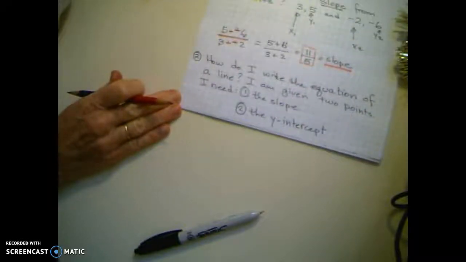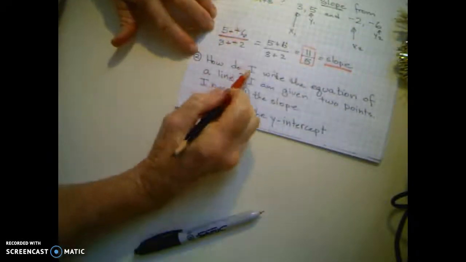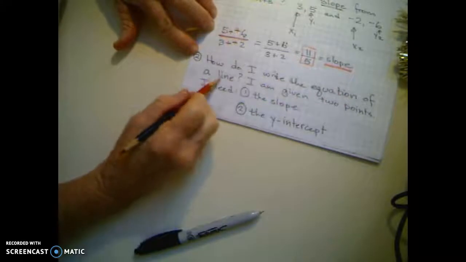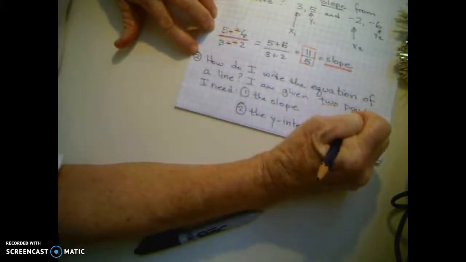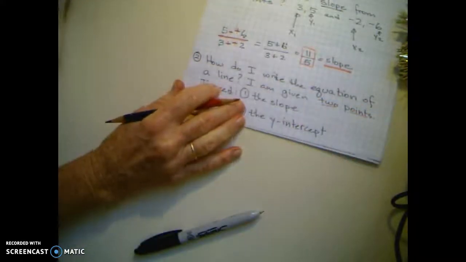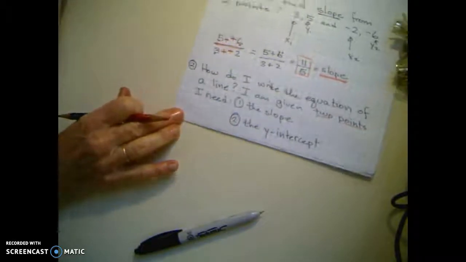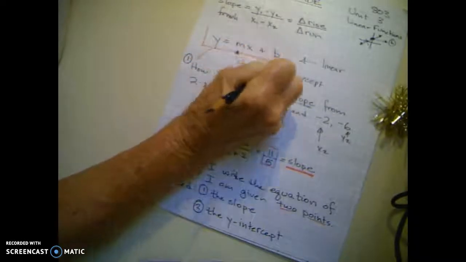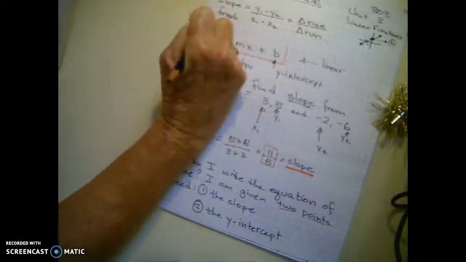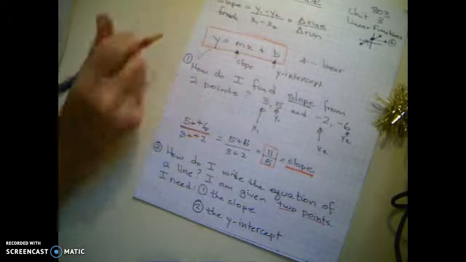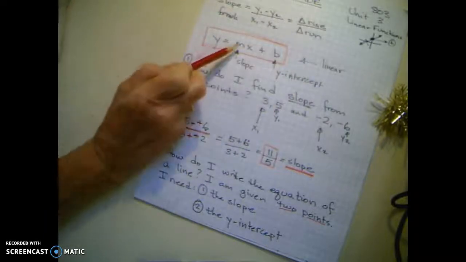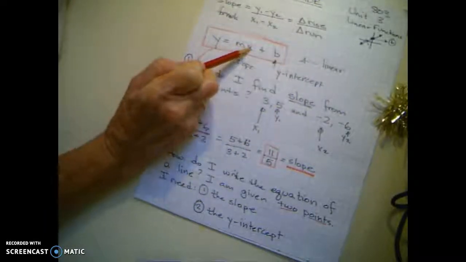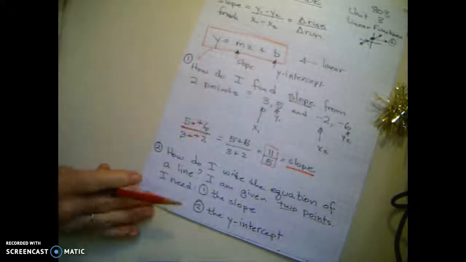Let's move on to concept 2. How do I write the equation of a line when I am given 2 points? Well, once again, the equation of any line is always going to be back in this form. Y equals mx plus b. So whatever I find, my final answer is going to have y equals m, the slope, times x plus b, the y-intercept.